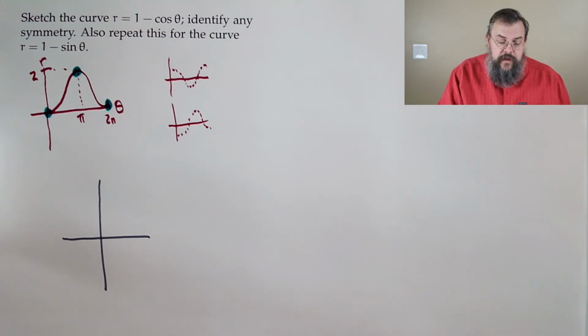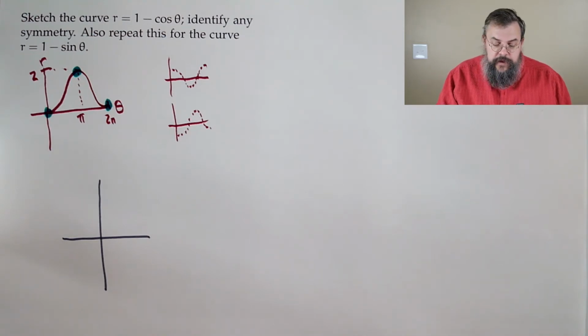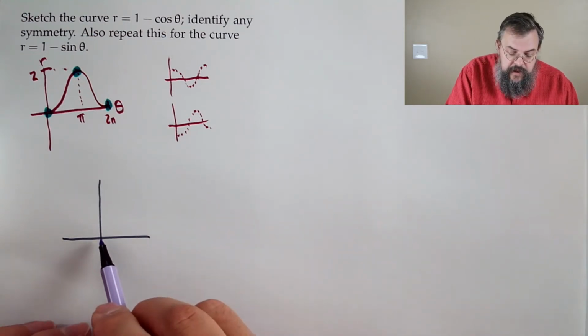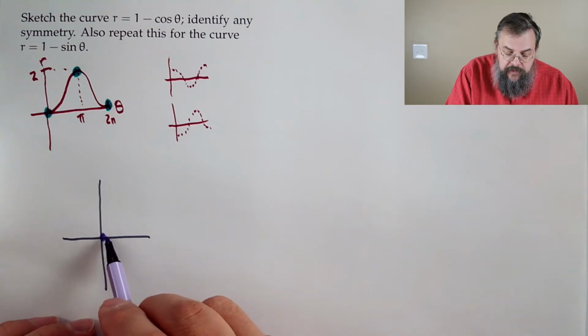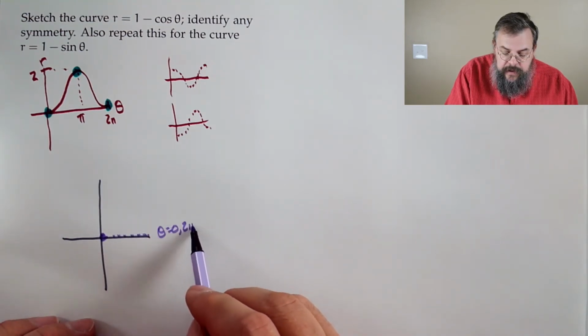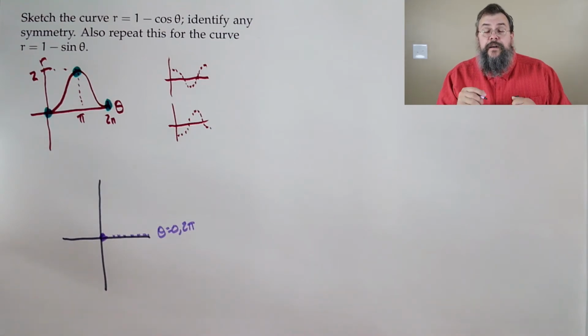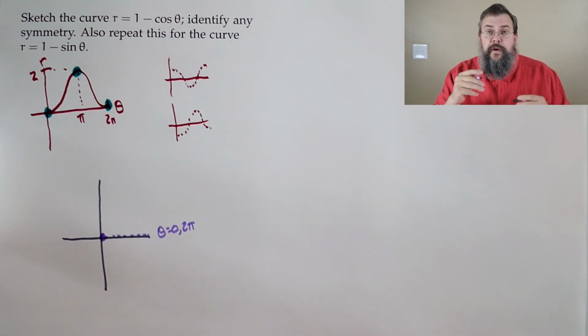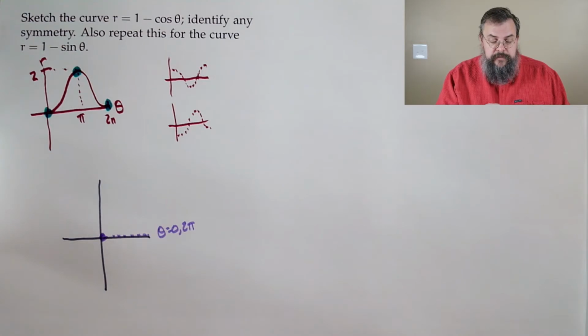So we can see the following. At 0, we're going to be at distance 0, and similarly at 2 pi. So that means that at this angle, at theta equals 0, which is the same, by the way, as theta equals 2 pi, because going 2 pi is a full circle around, we're going to start at 0.